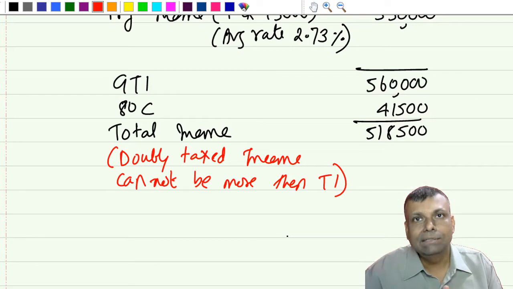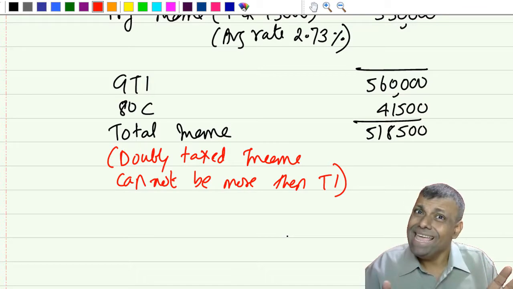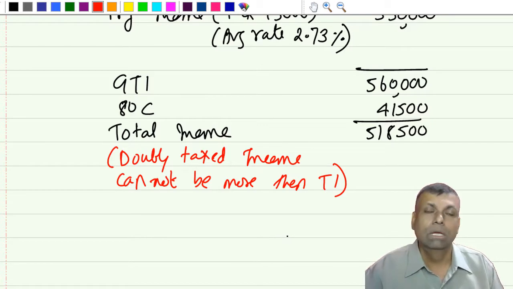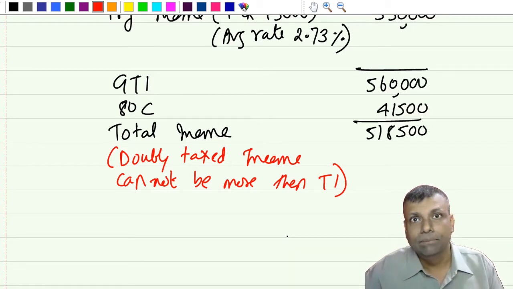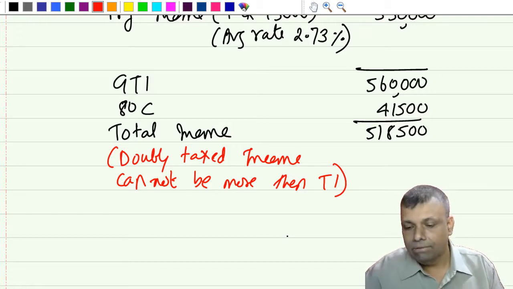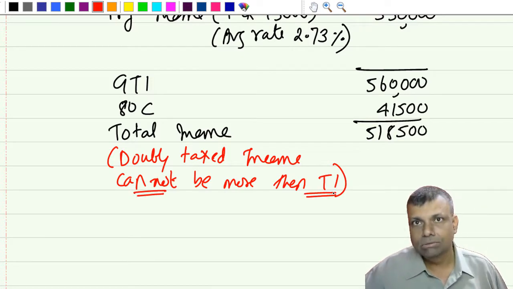So a doubly taxed income cannot be more than the total income, because you are taxing only in India, in the given question, 5,18,500. This is only a logical statement. The law doesn't say that, but this is a logical statement.